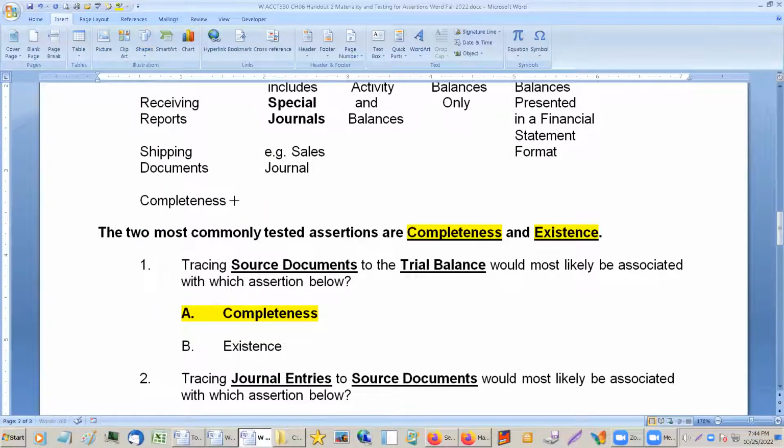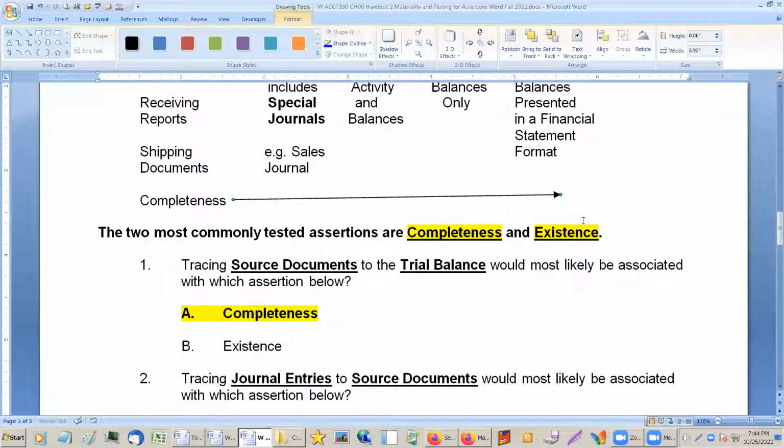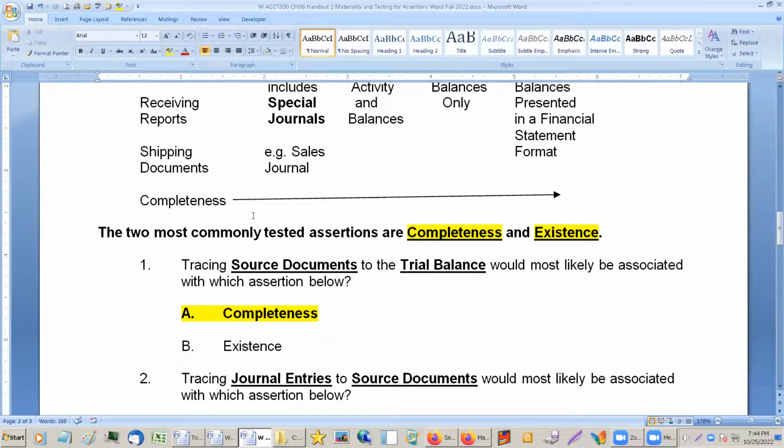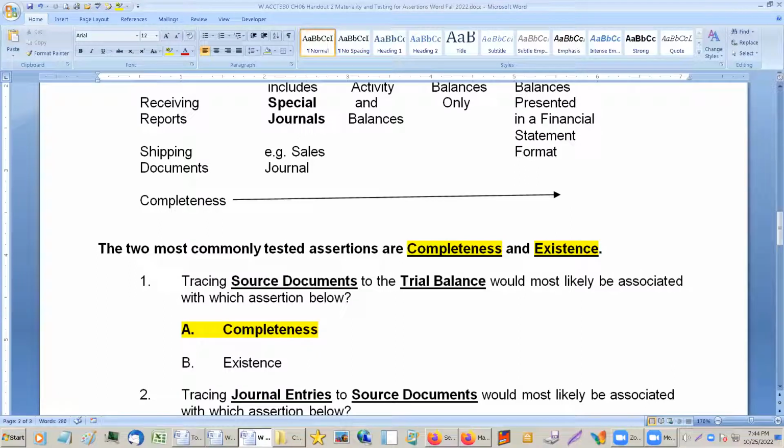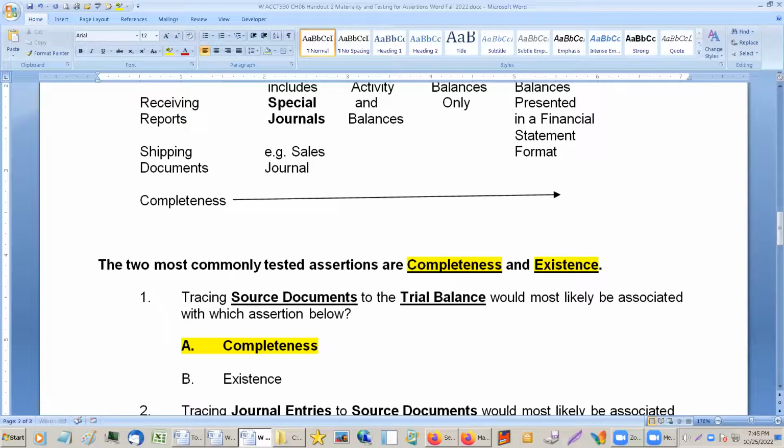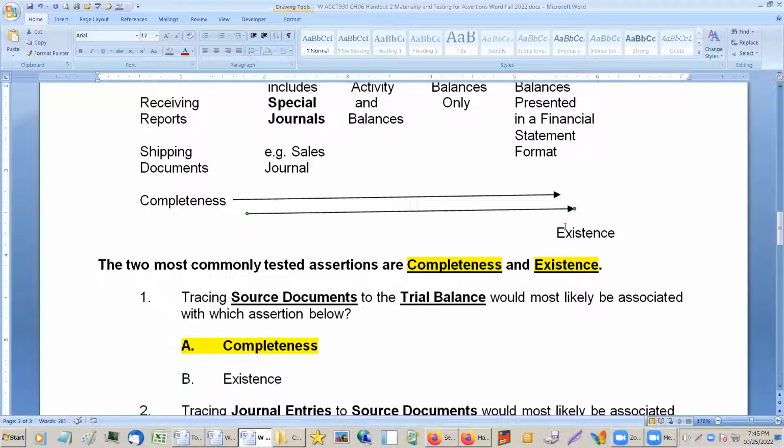Completeness testing kind of goes this way, and existence goes this other way.